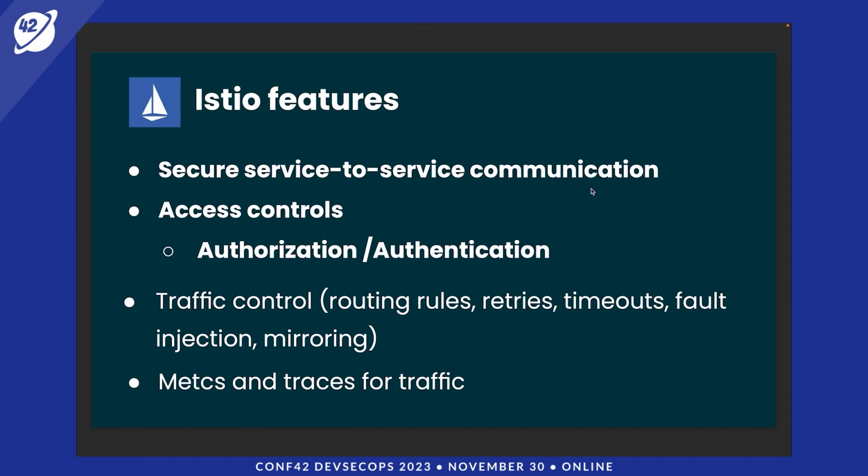So what does Istio offer? Istio features can be categorized across three categories. First is security. Istio can help us to secure service-to-service communication, and we can implement access control within our services, like authentication and authorization rules.